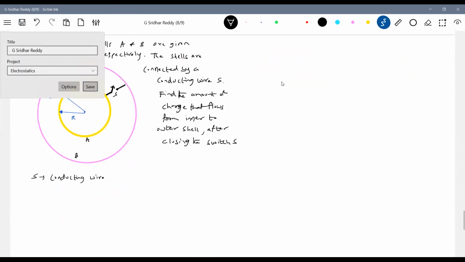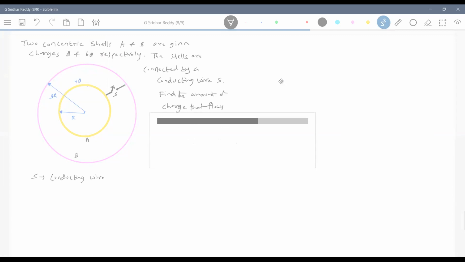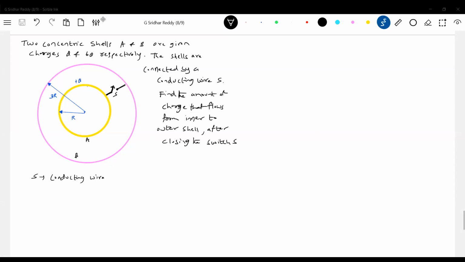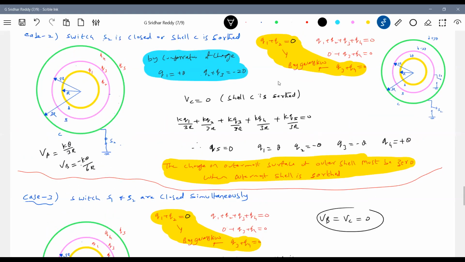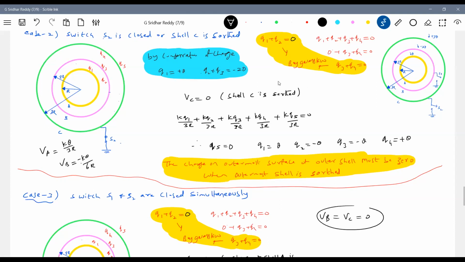Okay, the next one is I'm going to join a wire. VA is KQ by 3R, VB is KQ by 6R. I'll write it down, somebody please check it. VA is KQ by 3R, after earthing this.